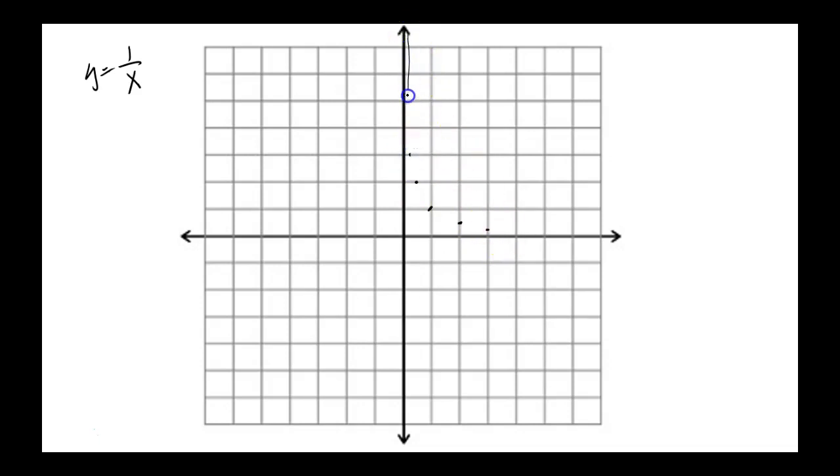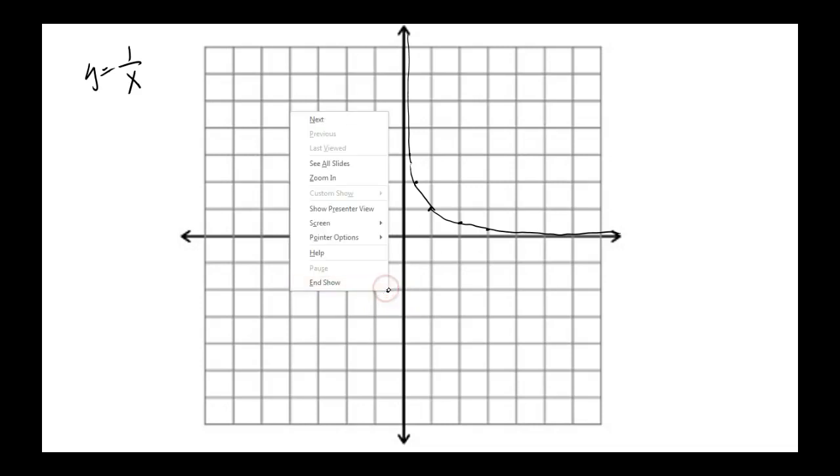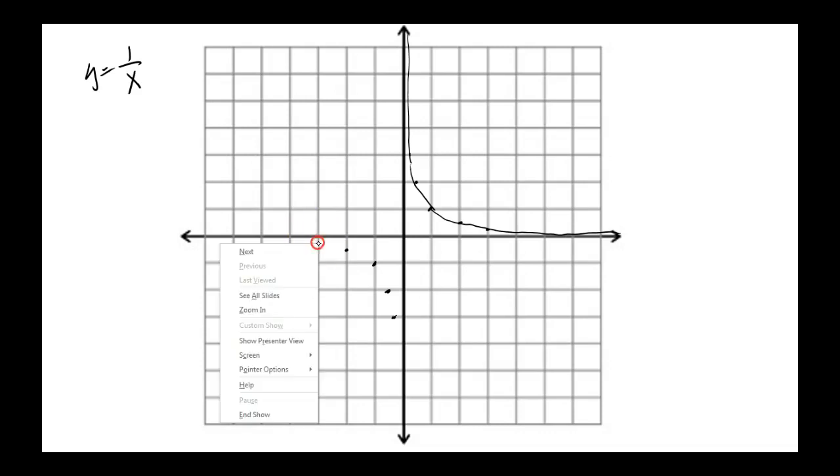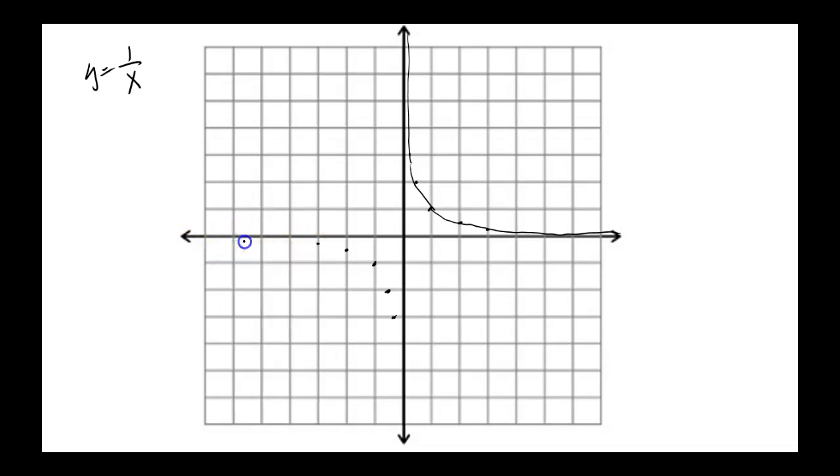So it gets closer and closer, approaching the y-axis as a vertical asymptote, approaching the x-axis as a horizontal asymptote. But also (-1, -1), (-1/2, -2), (-2, -1/2), (-1/3, -3), (-3, -1/3), and so on.